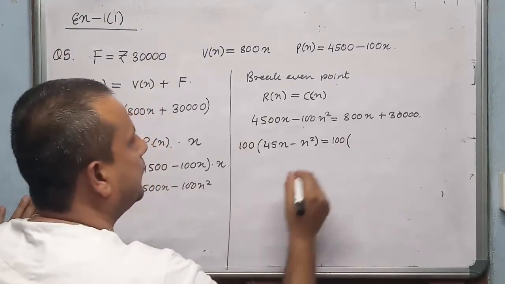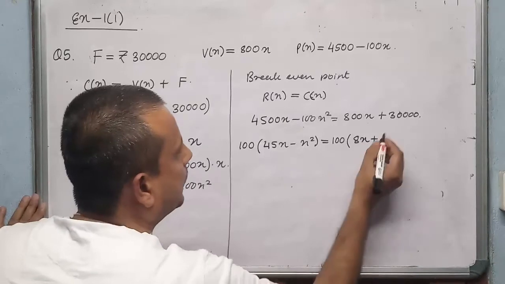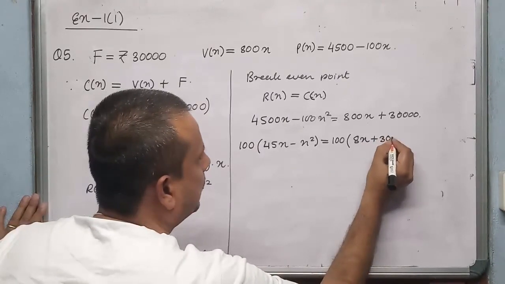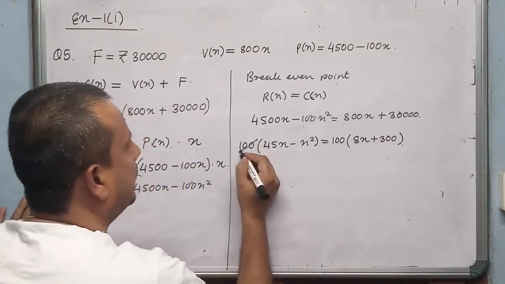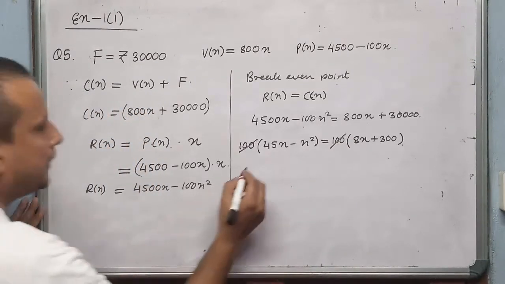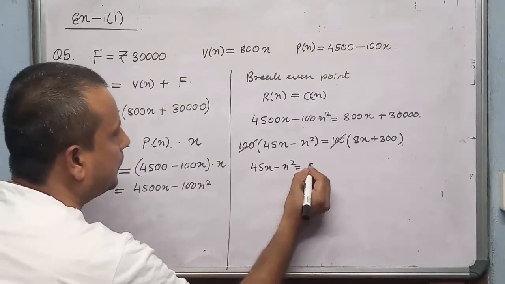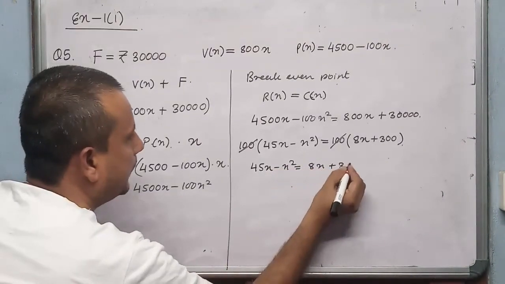If I take 100 common, then what remains inside? 8x plus 300. The 100 gets cancelled. Now then, this is 45x minus x square is equal to 8x plus 300.